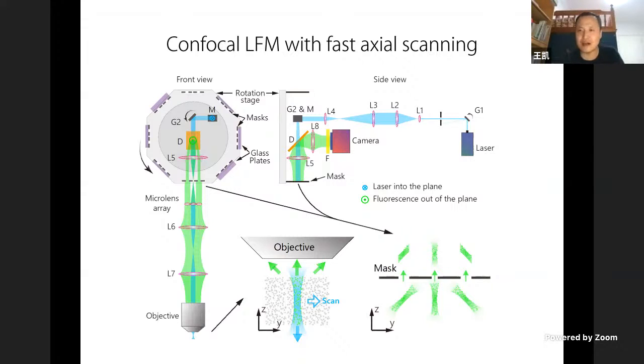Other things include its one-photon imaging, so it has the benefit of high speed, but it also has the weakness of low penetration depth, etc. So this is a very special technique that only goes for high speed, while other parameters are not very good.